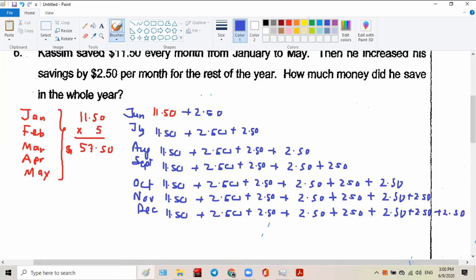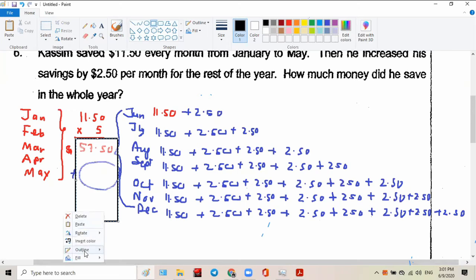If you put all these numbers together, this total plus this total, you're going to get how much money? Okay, I'll leave you to it. This is the amount up to May plus all this blue color one here, it will give you the answer here.